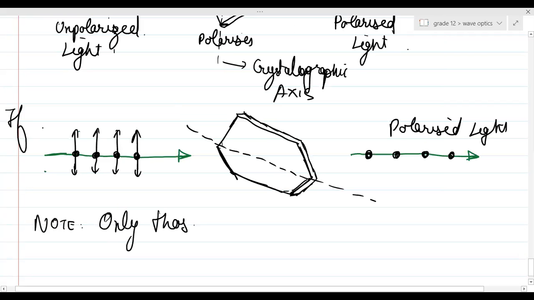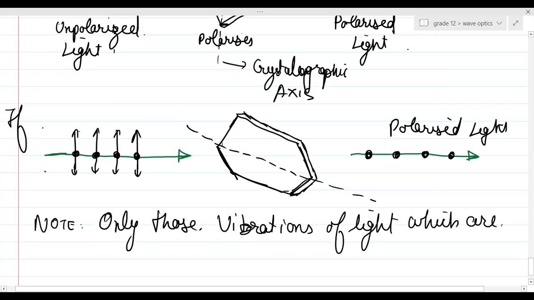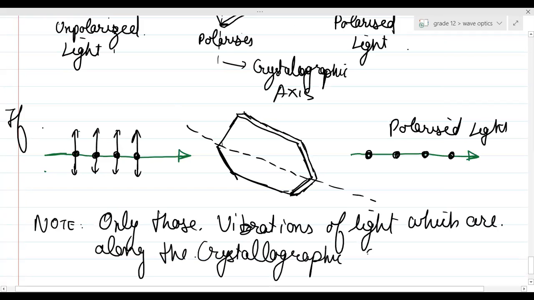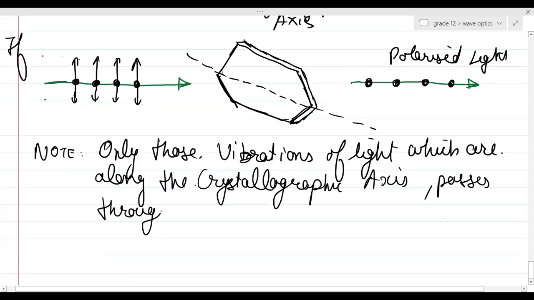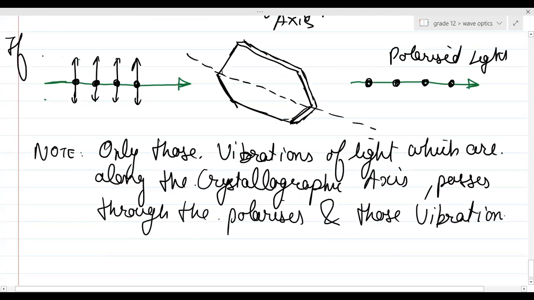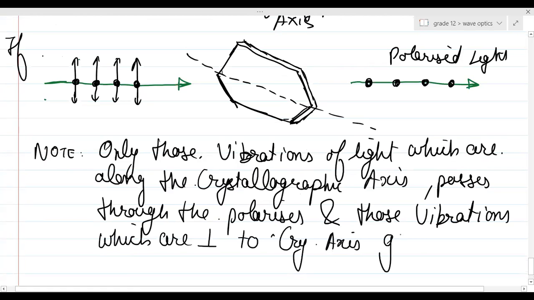Only those vibrations which are along the crystallographic axis pass through the polarizer, and those vibrations which are perpendicular to the crystallographic axis get completely blocked.